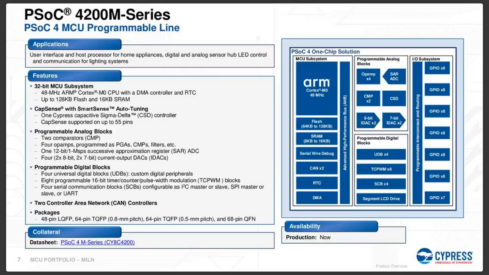On the right-hand side is the I/O subsystem. The I/O subsystem allows you great flexibility with the GPIOs. Each GPIO has up to 8 different configuration types. It can be a strong I/O where it's going to drive high or low. It can be an input, let's say a digital input or an analog input.